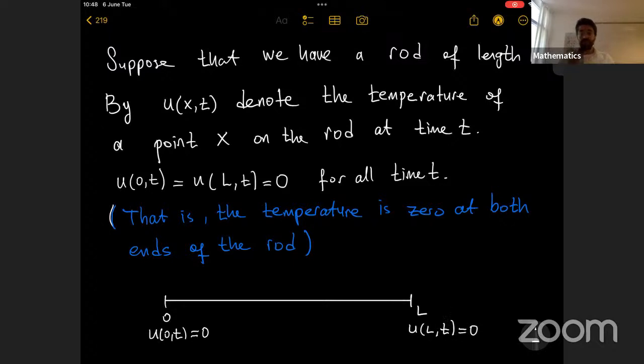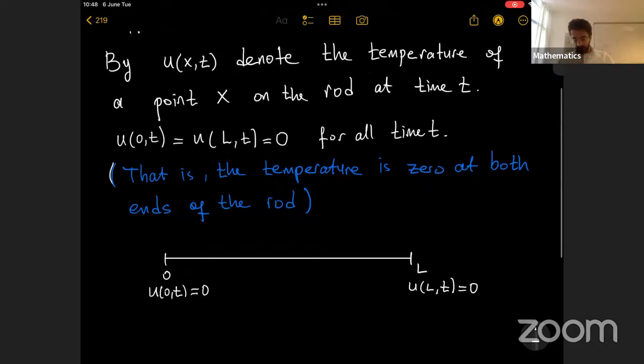First coordinate denotes the location, and the second coordinate denotes the time, okay? And at any point, let's say x here, u(x,t) at this point denotes the temperature at this point x and time t.